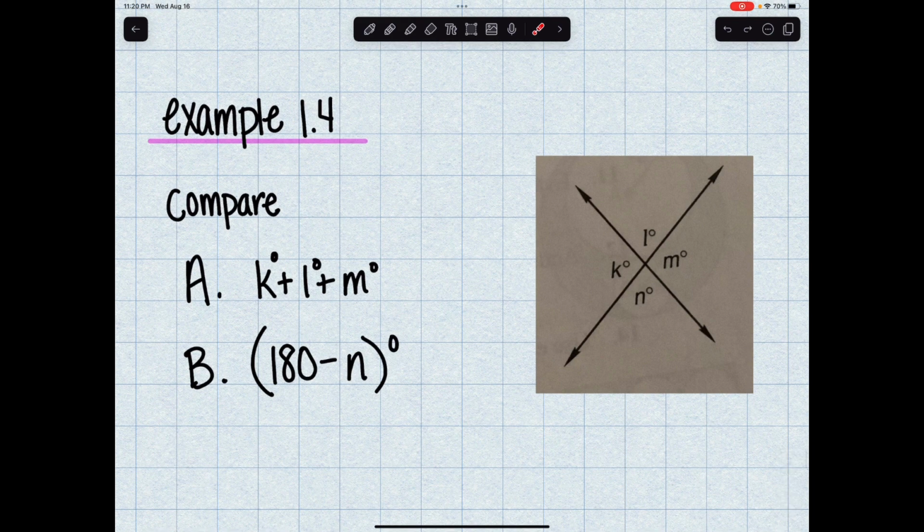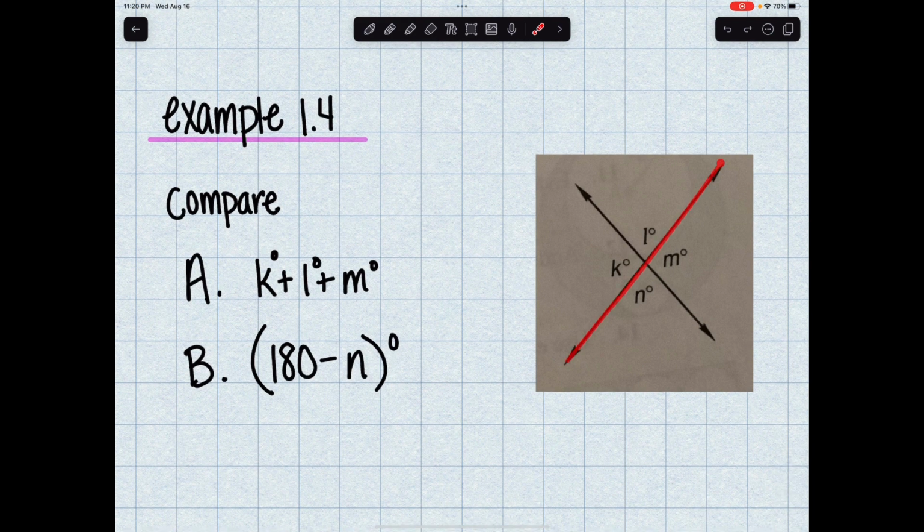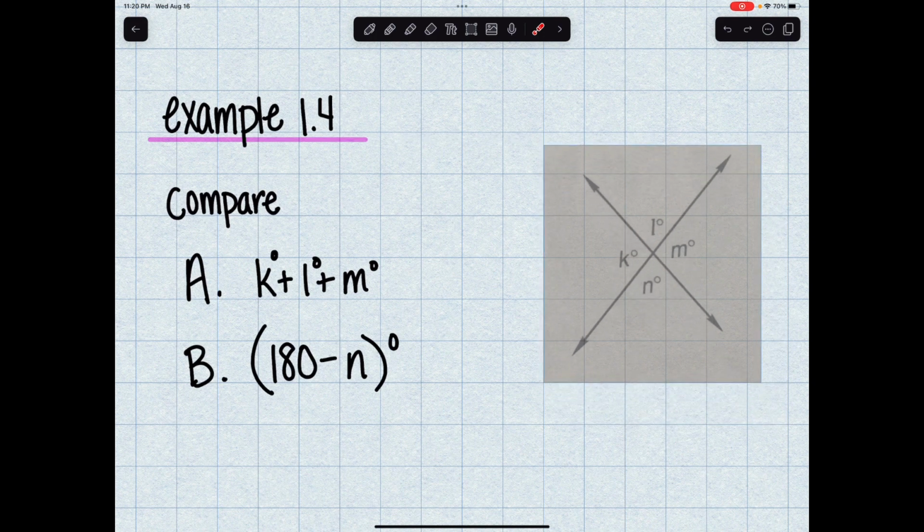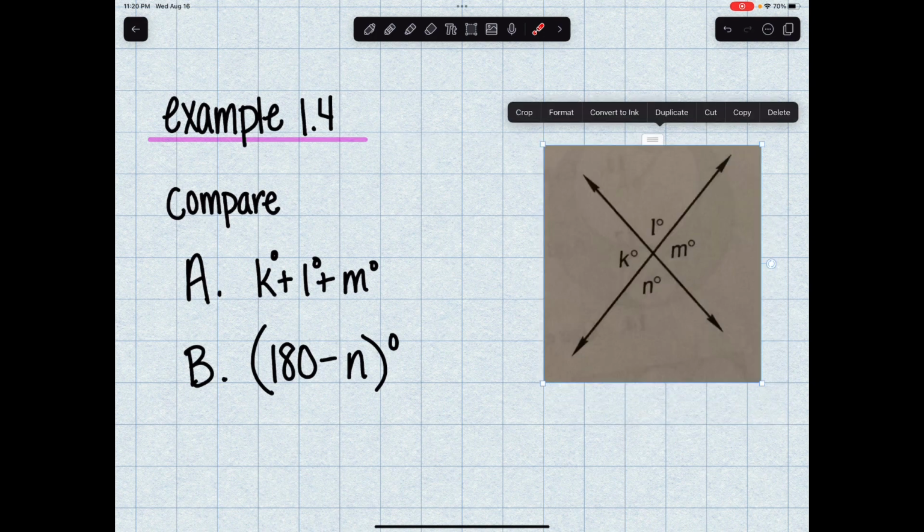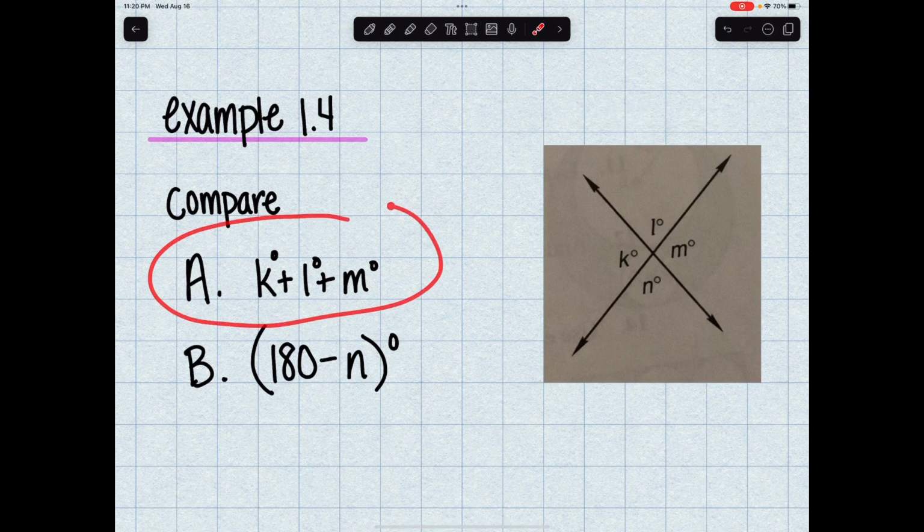They give us two intersecting lines, and they name these angles K, L, M, N. All right, so they want us to compare A and B. A is going to be K plus L plus M, so it's this angle.